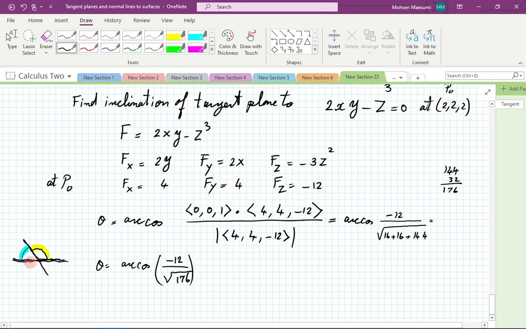In case we get an obtuse angle, the convention in your textbook is to force it to become an acute angle, and the way you do that is to use pi minus the arc cosine of minus 12 over radical 176.